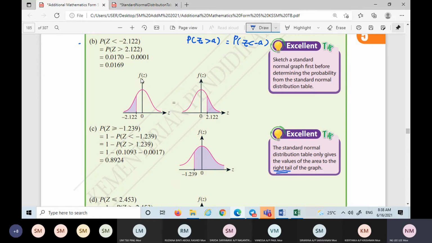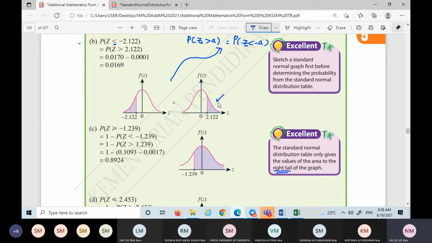Here is the z-axis. Z is smaller than, therefore we take the left hand side of the line at negative 2.122. Because the graph is symmetric, this is equal to this. Actually this one and this one are the same thing. So this is a right tail already.